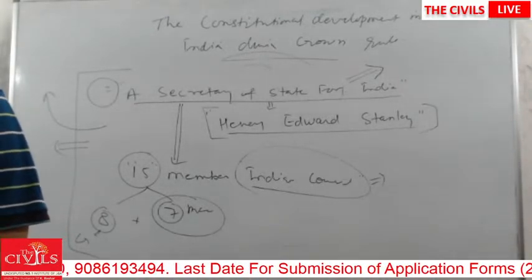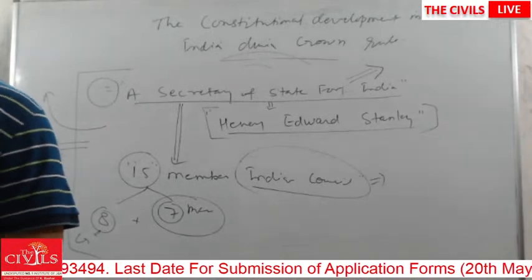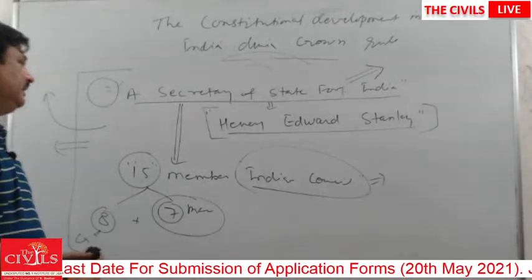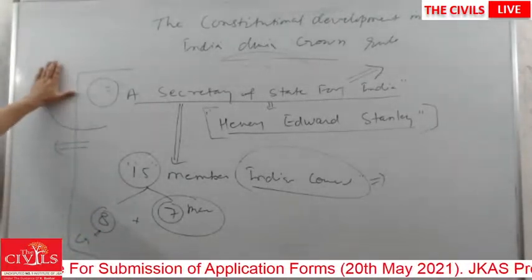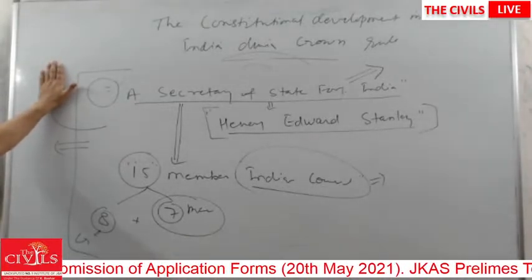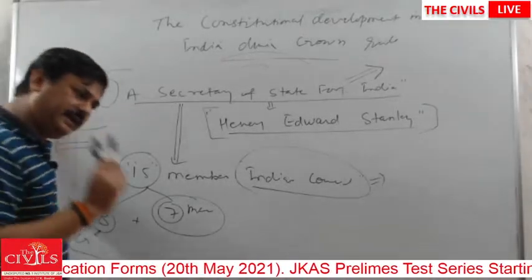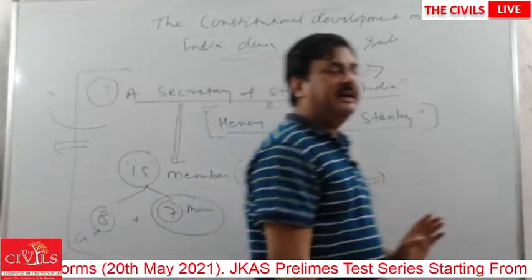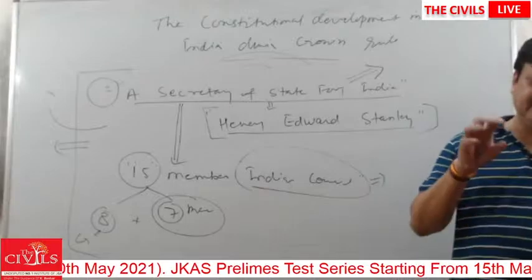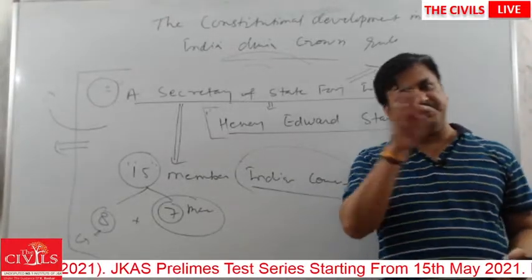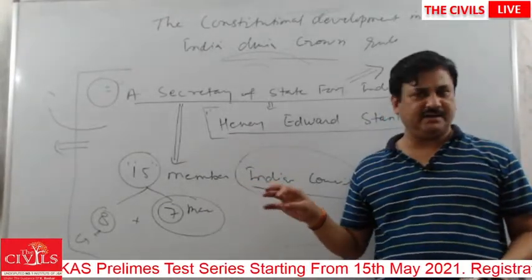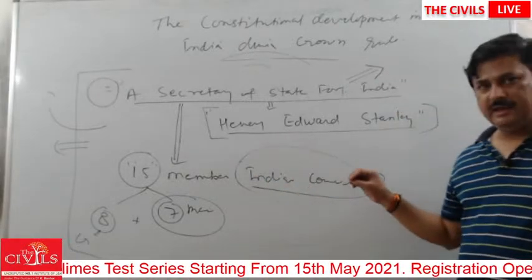Government of India Act 1858. Remember one thing: this act ended and abolished the East India Company and its rule in India. By this act, Indian administration was transferred to the hands of the Crown.